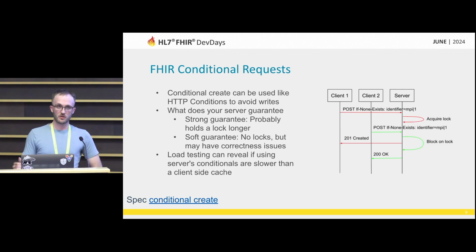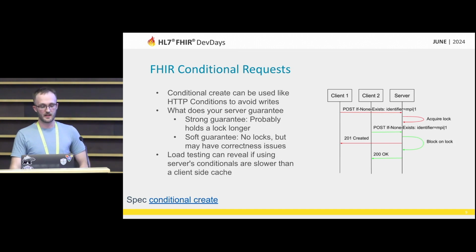So your system may not have as strong guarantees as this, because this header does use search terms. It may not be done in a transactional setting. So your server may have a strong guarantee where it actually does hold a lock, or it might have a softer guarantee where it does a search first and then does an update.